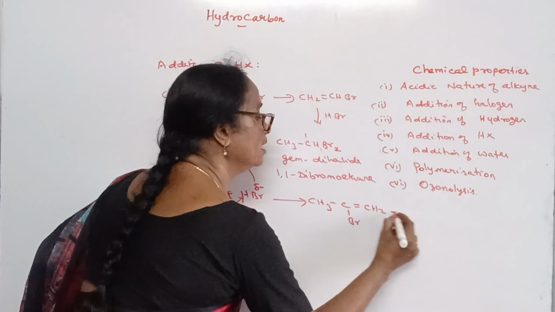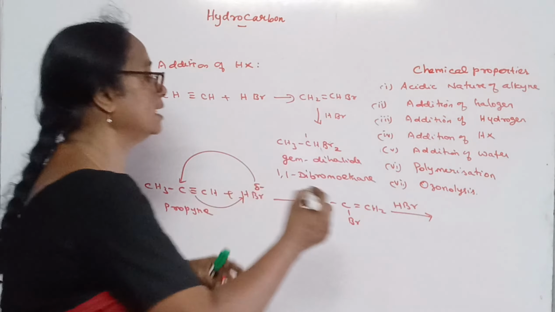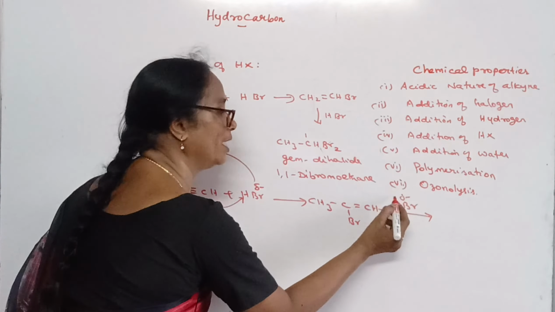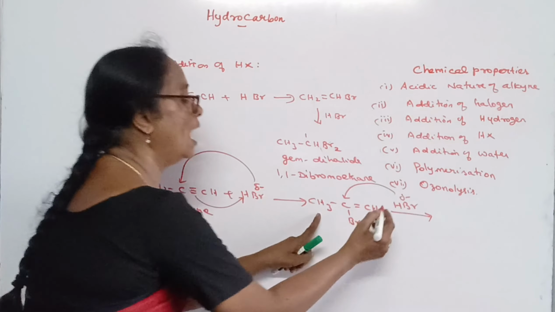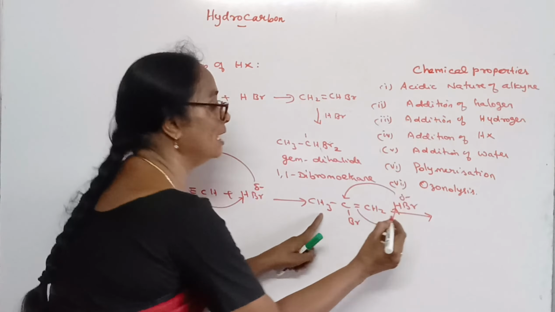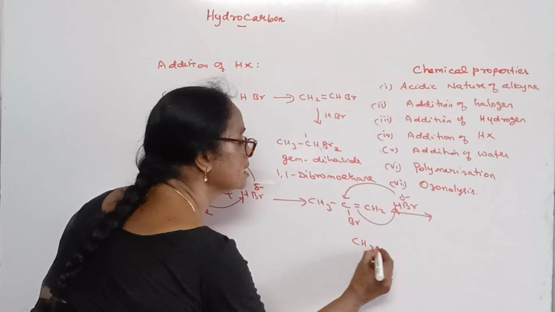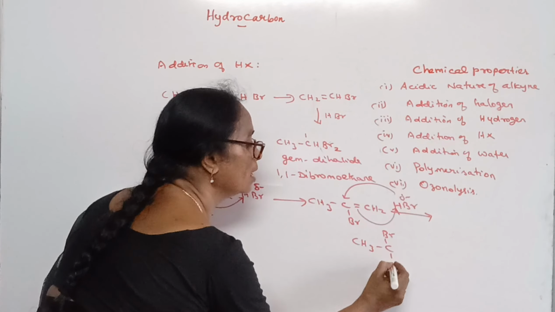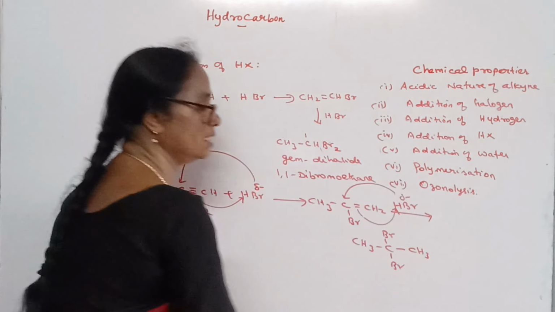Once again it undergoes the addition of HBr. Similarly, the negative group, that is Br minus, attacks the carbon with more alkyl, and the hydrogen goes to the less alkyl or no alkyl carbon. So we will get CH3 CBr2 and the double bond into single bond, CH3.